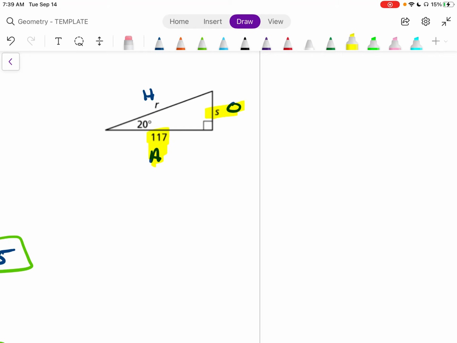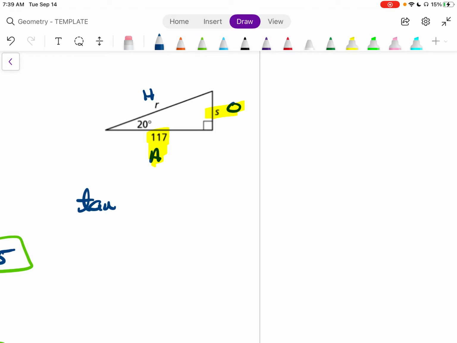Which trig ratio has opposite and adjacent in it? And you should be saying, well, that's tangent. So we know that tangent, and I need to do a cursive T there. The reason that I'm doing cursive T's is because they look a lot less like a plus sign, like an addition sign, right?